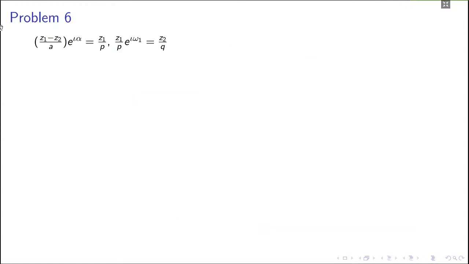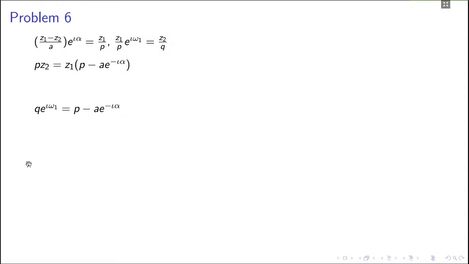From this one I can write Z2 in terms of Z1, right? So e to the power I alpha, I bring it to this side, and then you bring Z2 to the other side. And this Z2, I again get back to Z1 by this rotation here. So this Z2 value I just plug in here, and Z1 will go away, and basically I have this relation.